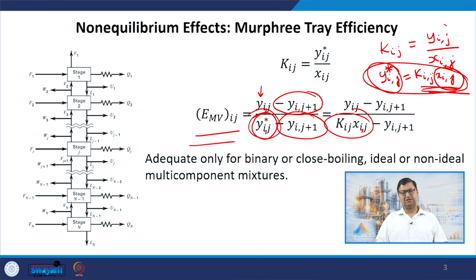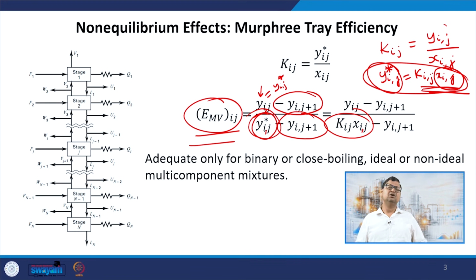We are looking at the departure from equilibrium. When Yij is equal to Yij star, we have a condition of equilibrium, and in that case the tray efficiency will go to 1. But when this condition is not true, the Murphree tray efficiency can be anything but 1. So it includes the deviation from equilibrium, so to speak.